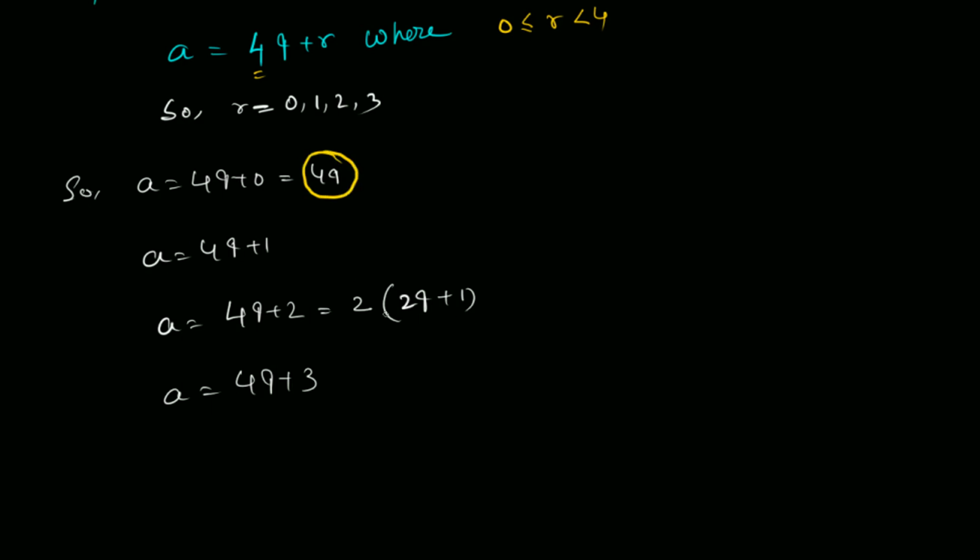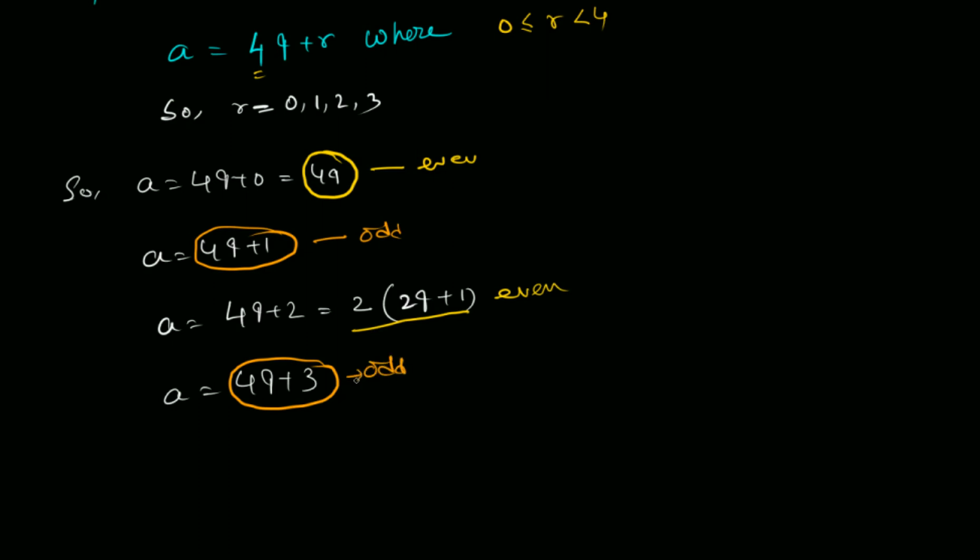Now look, it's very obvious that 4q and 2(2q plus 1) are both multiples of 2. So these are even numbers, right? But in the question we want the odd numbers. And 4q plus 1, because that's an even number plus an odd number, we know that's always odd, so this is going to be odd and this is going to be odd.